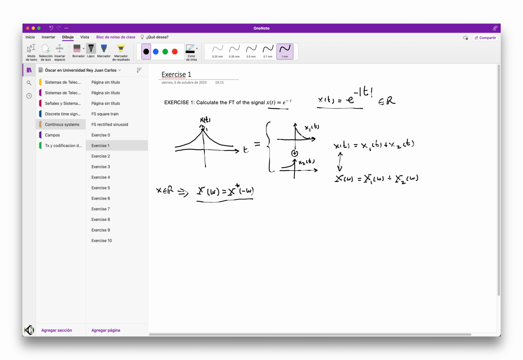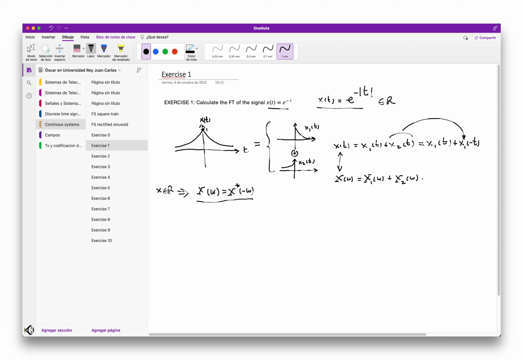So why do we do that? Because look, x1 and x2 are opposite signals. Basically, what we can say is that this is x1 of t plus x1 of minus t. So x2 really is the reflection of x1, so x2 is x1 of minus t.